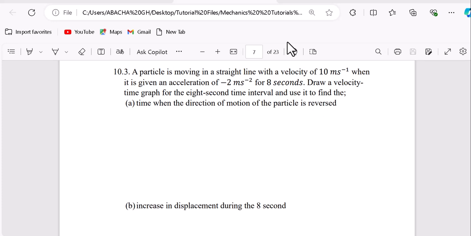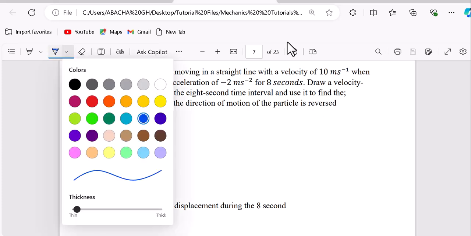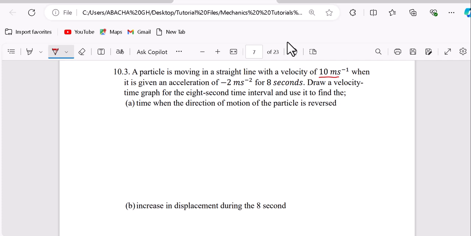So the velocity here is 10 meters per second, when it is given an acceleration a of -2 meters per second squared, and the time t equals 8 seconds.